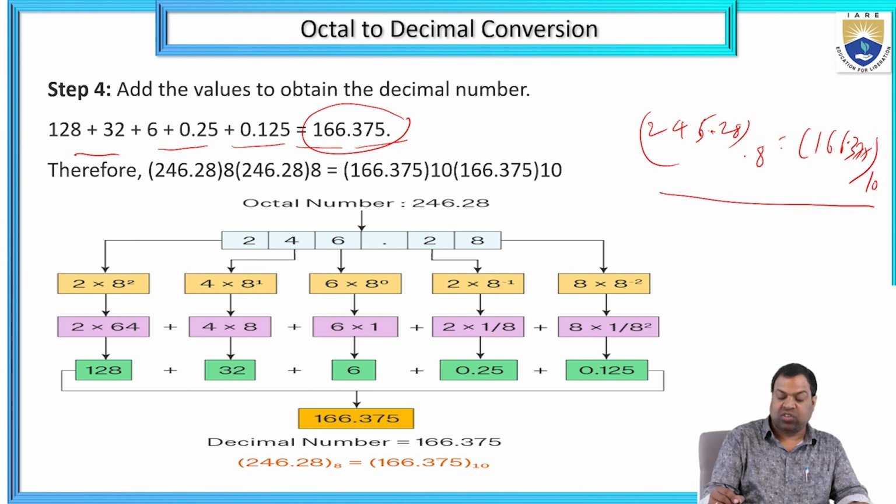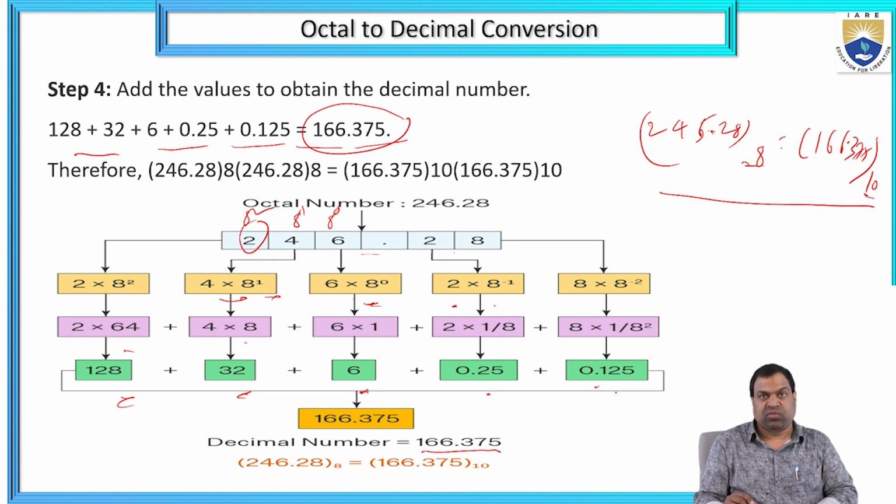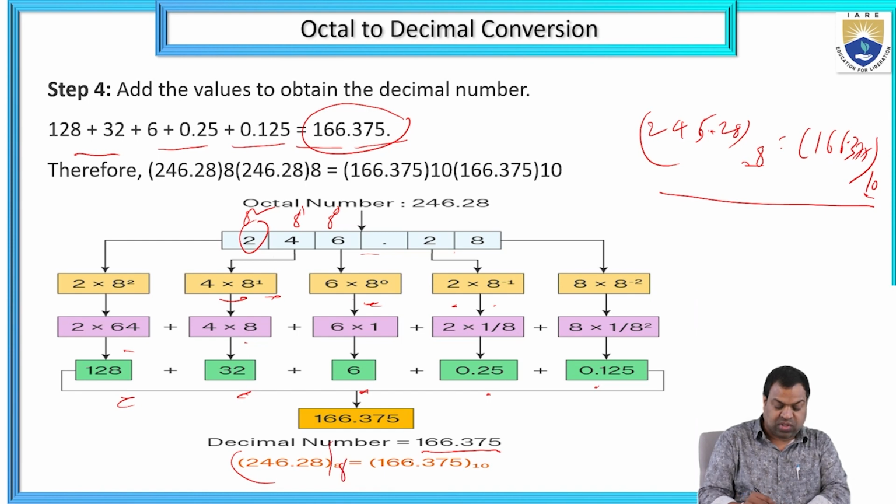So this octal value is converted to decimal. 246.28: 2 into 8 square plus 4 into 8 power 1 plus 6 into 8 power 0 plus 2 into 8 power minus 1 plus 8 into 8 power minus 2. 2 into 64 plus 4 into 8 plus 6 into 1, 2 into 1 by 8 plus 8 into 1 by 8 square. 128 plus 32 plus 6 plus 0.25 plus 0.125. So that is 166.375 base 10. So we have converted from octal to decimal.